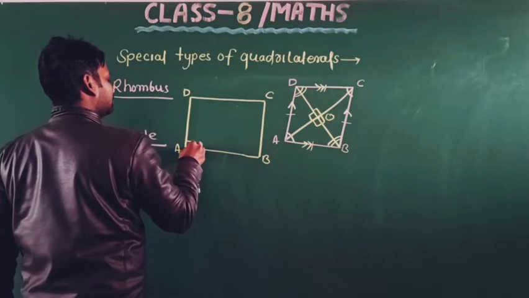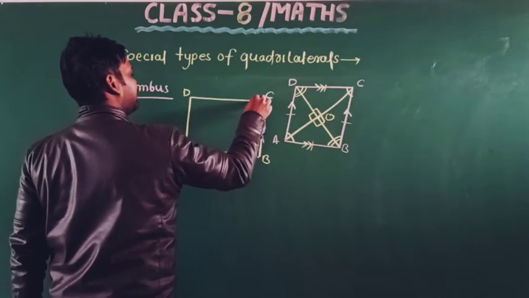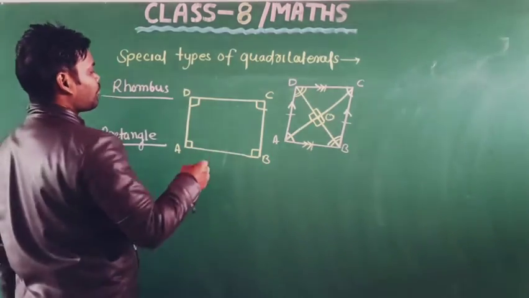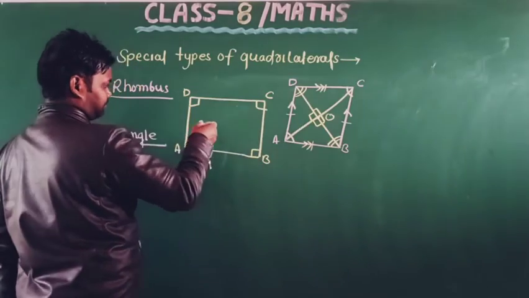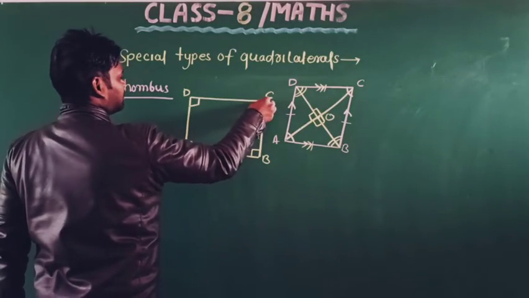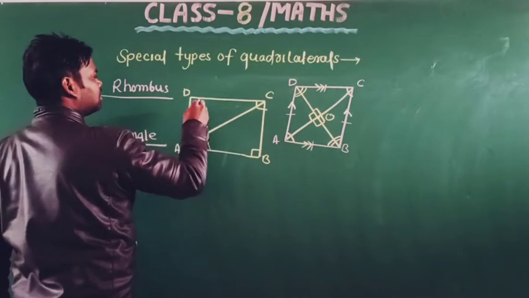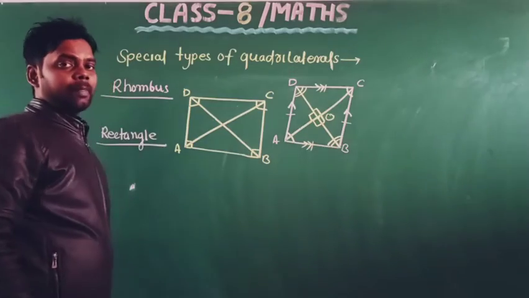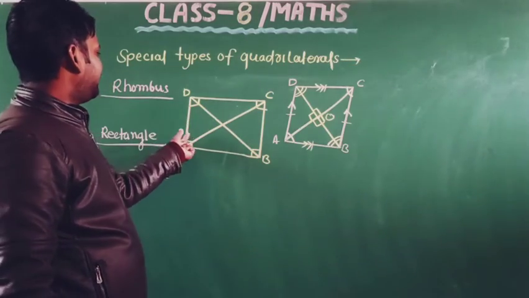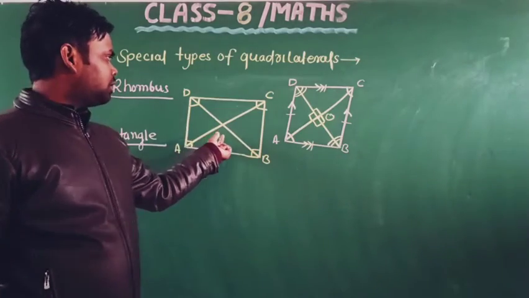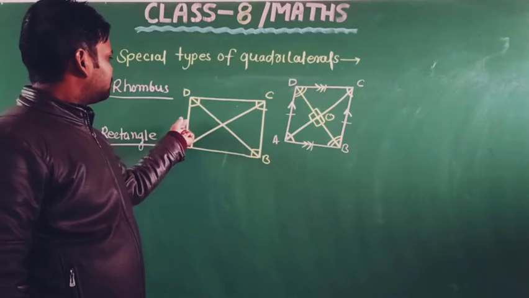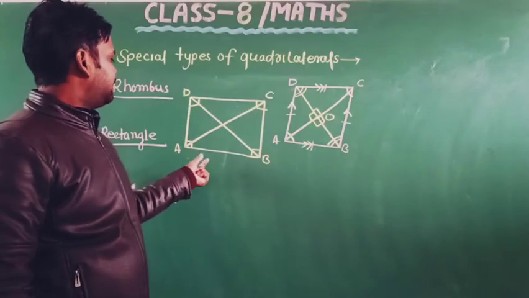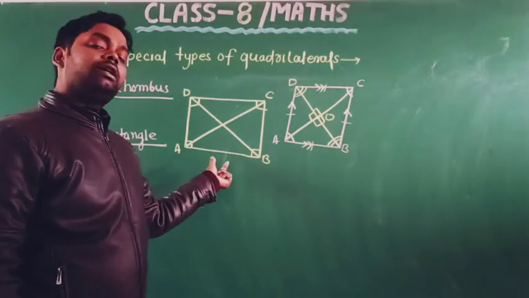Each angle is 90 degrees. And its diagonals bisect each other. The property of rectangle is that diagonals bisect each other, and the adjacent angles are supplementary because 90 plus 90 is 180.